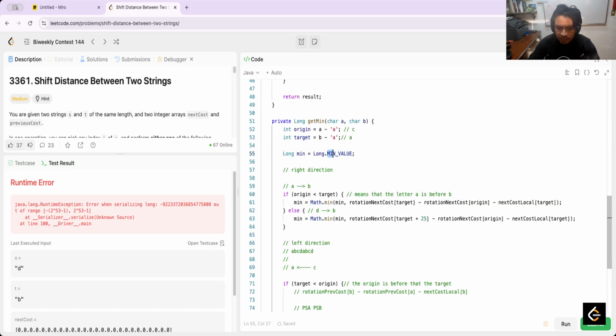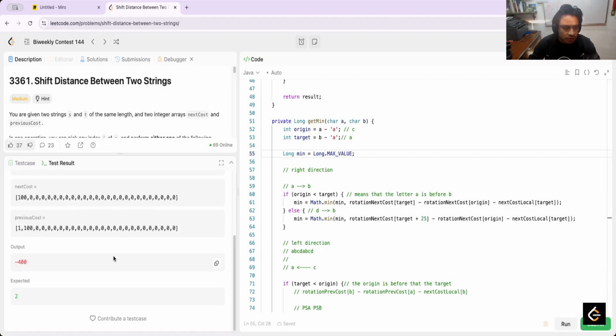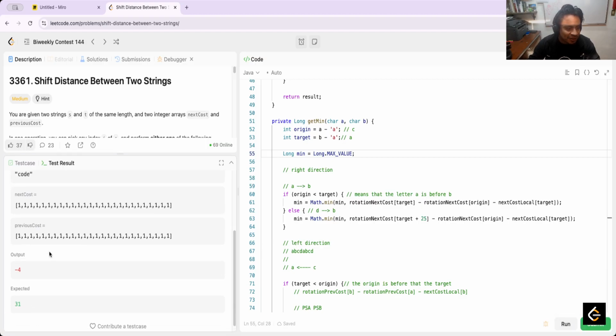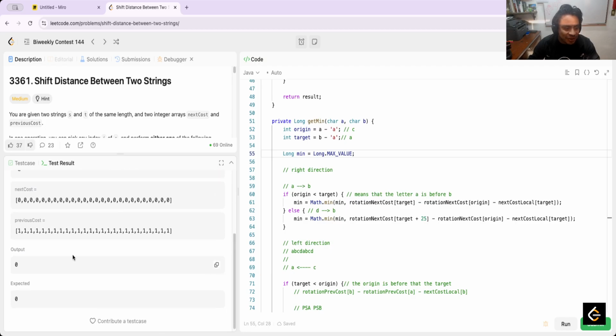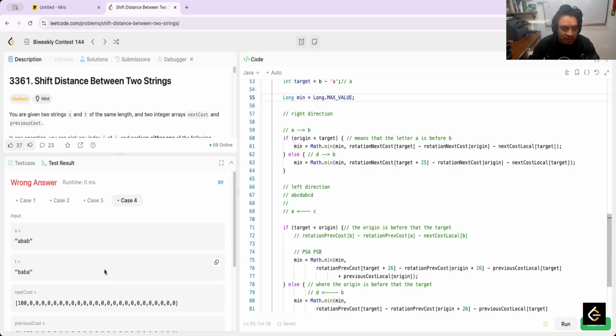Ah, this should be max because we are searching the mean. Okay, wow, no, it's completely wrong. This less 100. What less 100? 400.